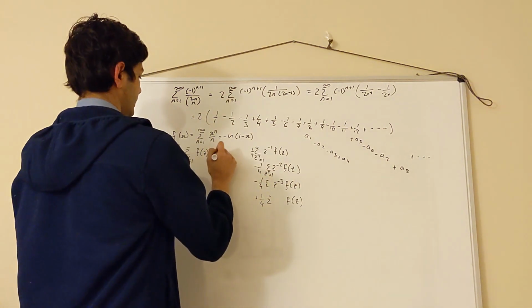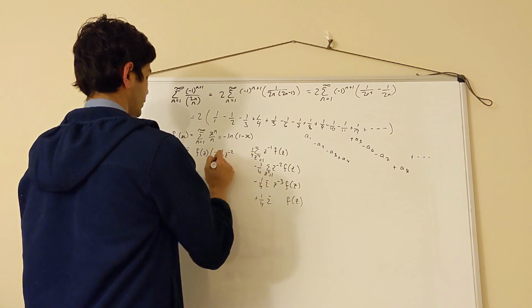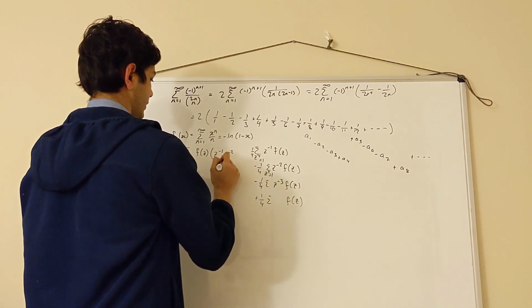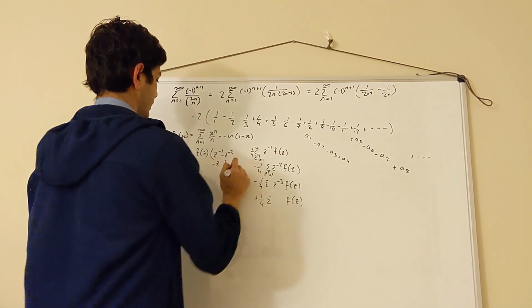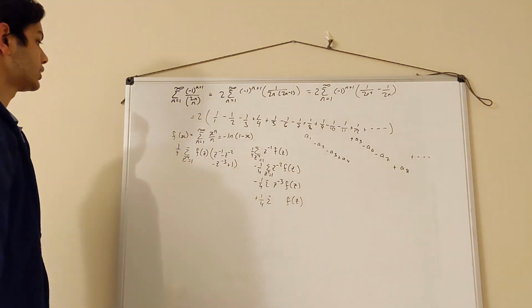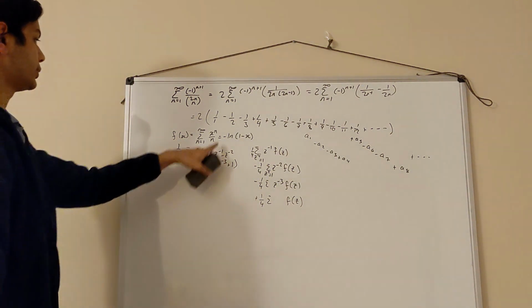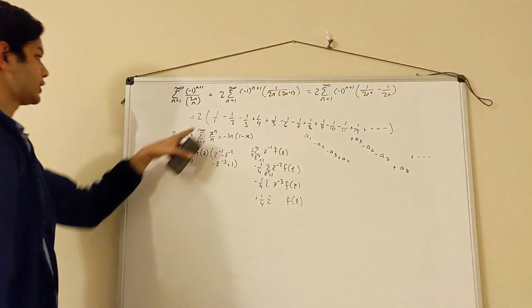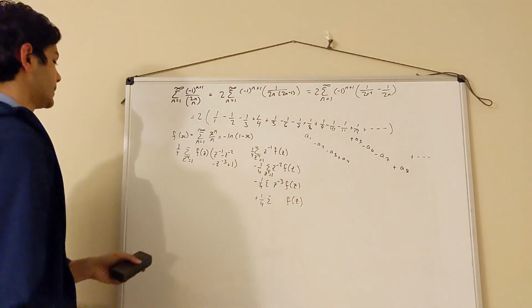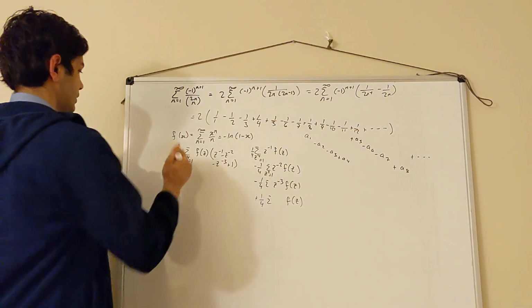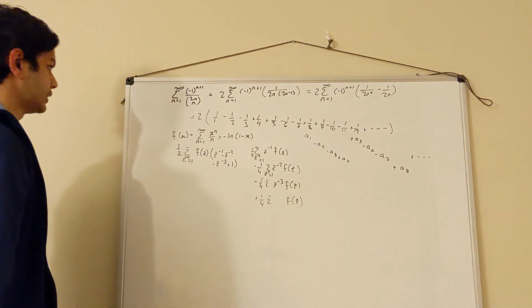So that'll be z inverse minus z to the minus 2 minus z to the power of minus 3 plus 1. So this is going to be equal to this sum in here. And because we're multiplying this by 2 to get the sum up there, I'll just replace this with a 1/2.